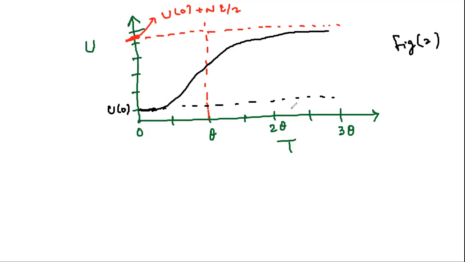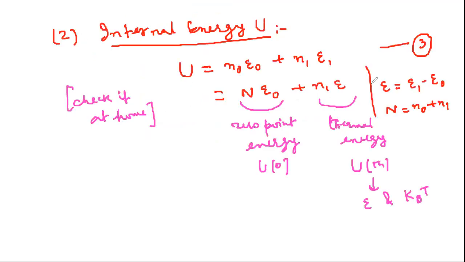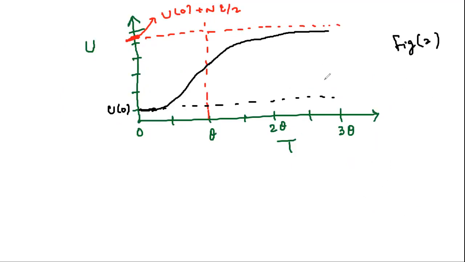Why? Because you know from the last lecture, at high temperature compared to the characteristic temperature, this N1 becomes capital N by 2. That's why you have here the maximum internal energy the system can attain is U naught plus N epsilon by 2.